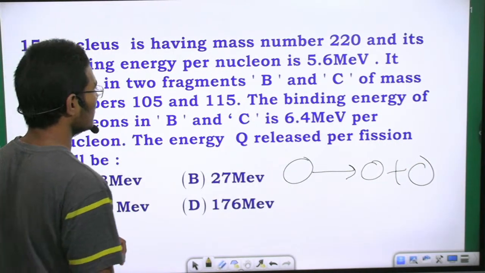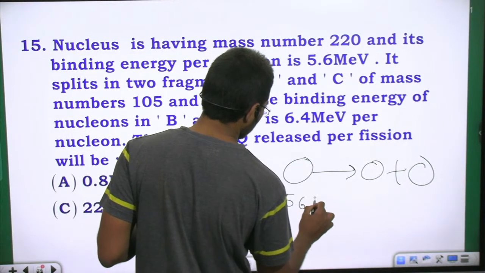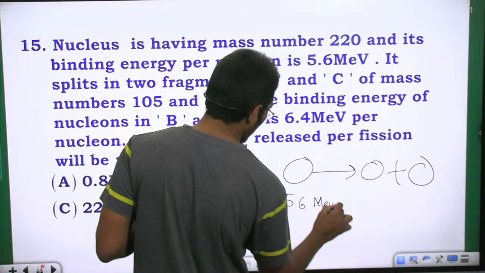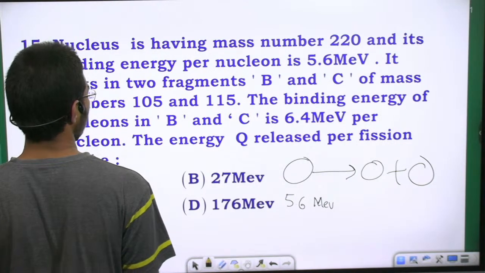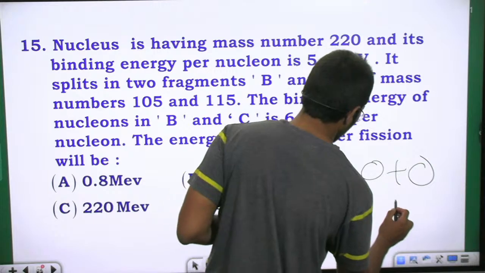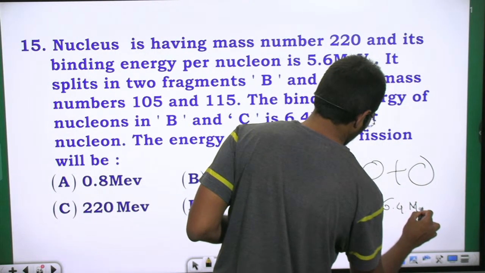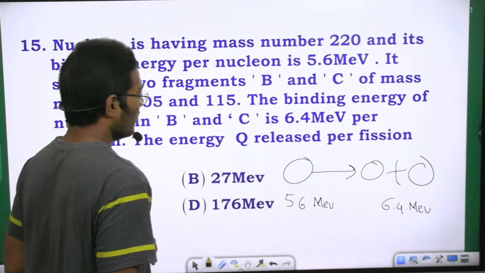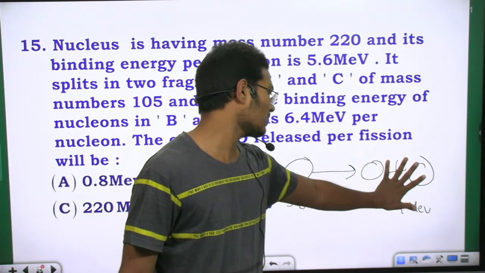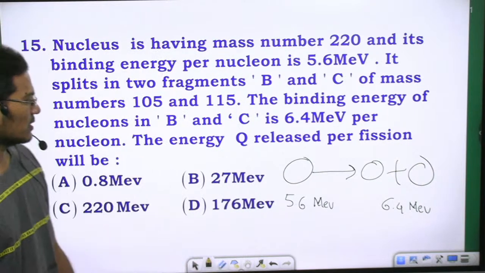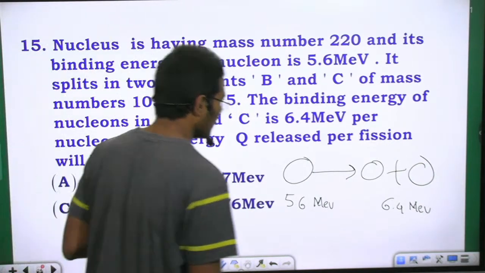Here it is given as 5.6 million electron volts, and here it is given as 6.4 for both. If we remove the initial energy from the final energy, we get the net total energy that's released. That's a straightforward basic mathematical aptitude question.